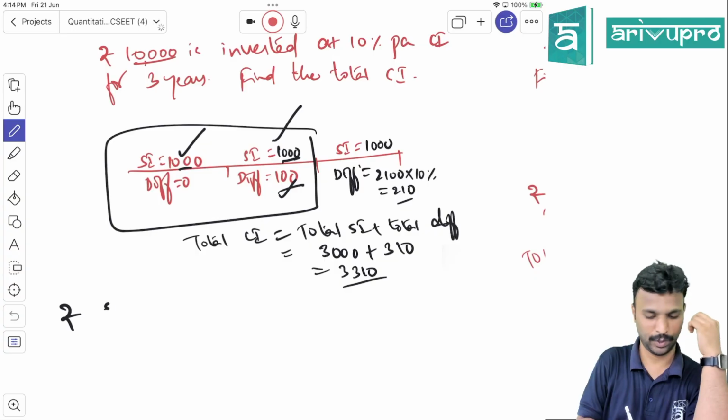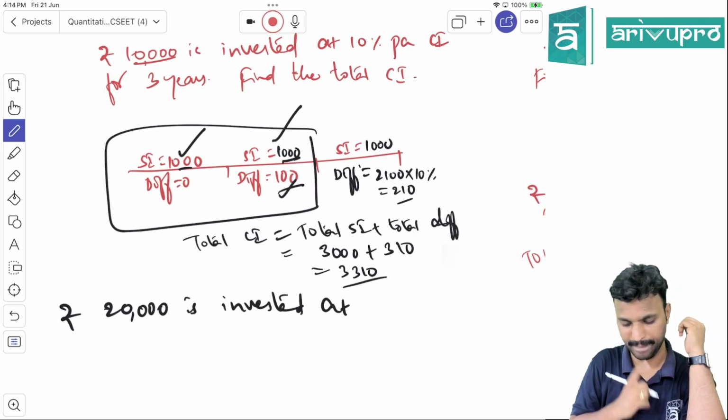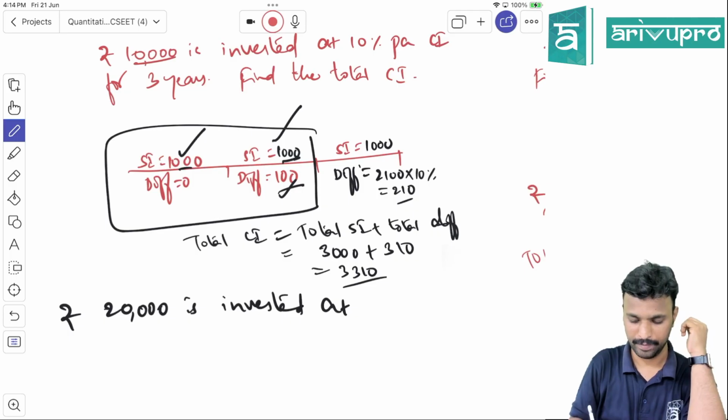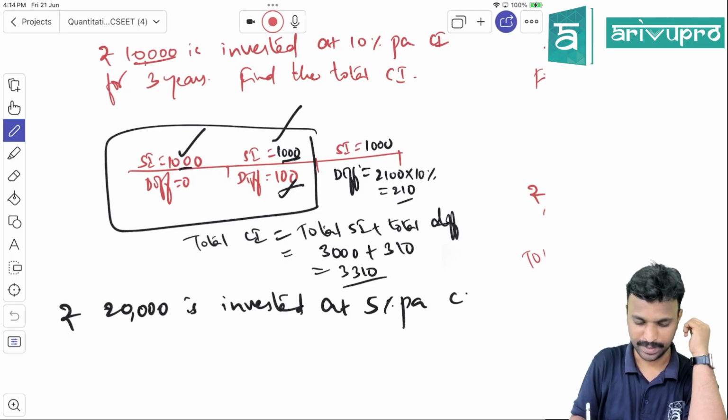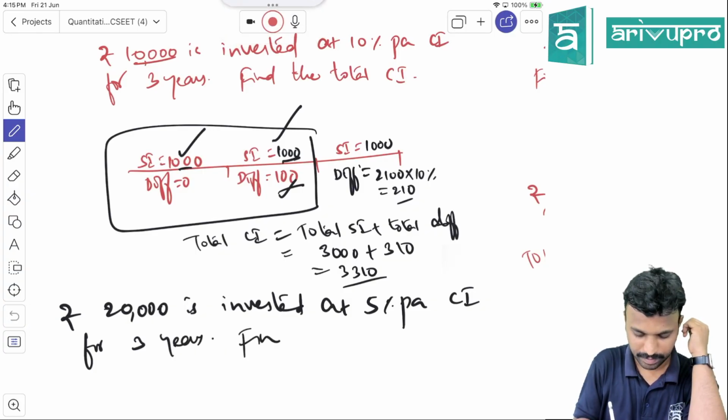Rupees 20,000 is invested at 5% per annum CI for 3 years. Find the total CI.